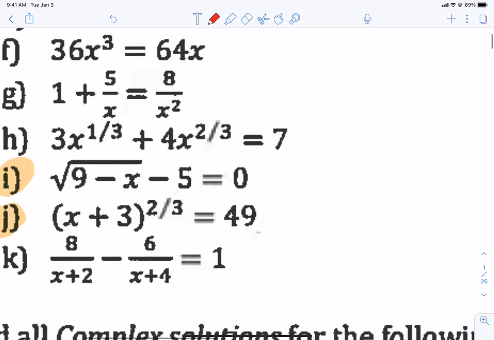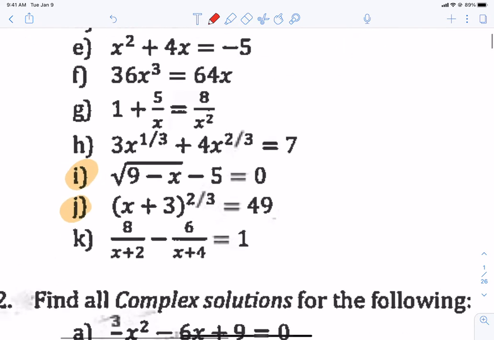For J, let's talk about how to get rid of the 2/3 power. A 2/3 power, basically the 2 represents a square and the 3 represents a cube root. Now, if you like, you could get rid of each individual power first. So let's do it like that. It might be easier for you to see what I did.